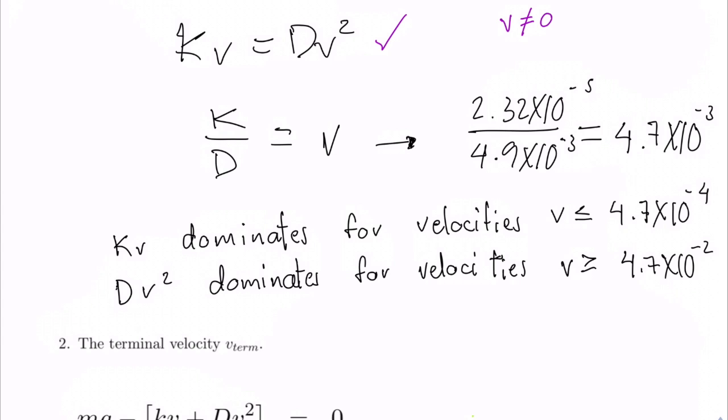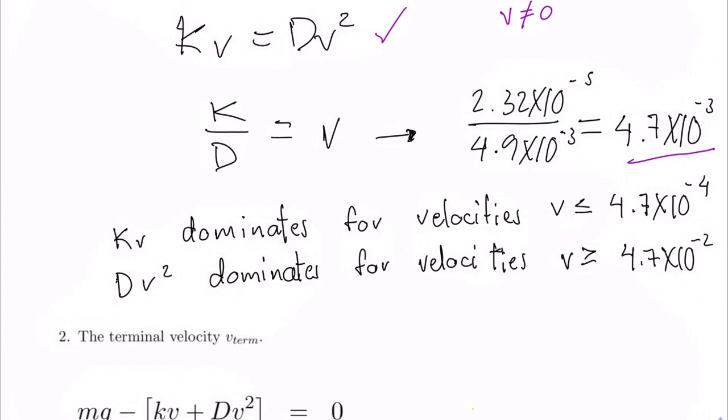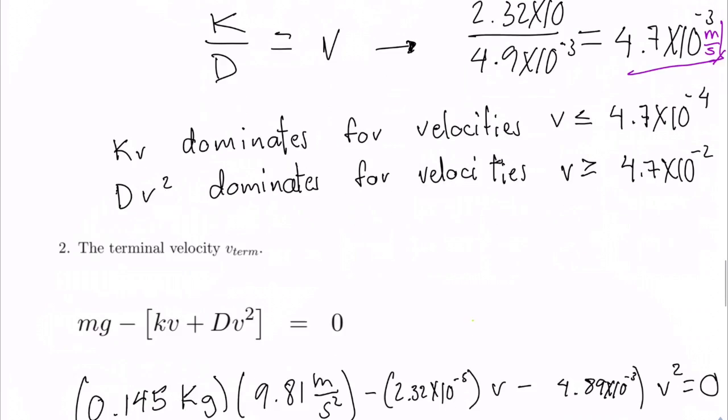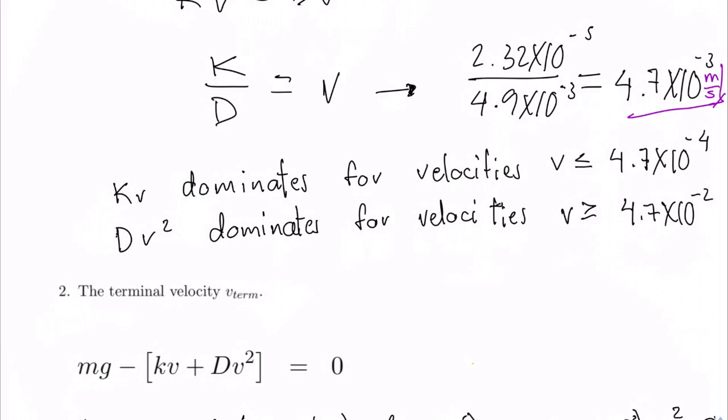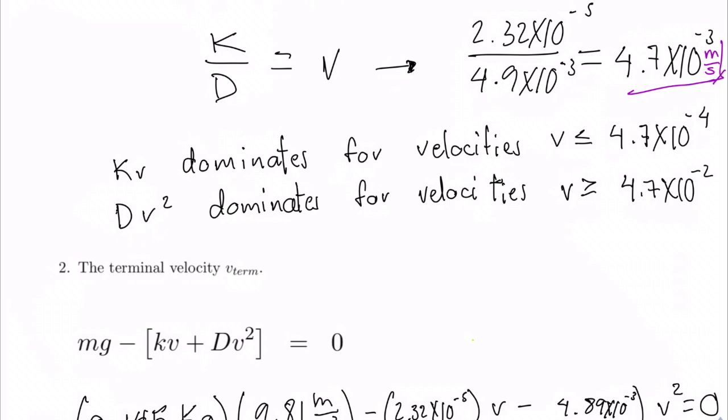So we plug in k and d and we get this, that is our critical velocity. Then we know that kv dominates for velocities that are lower or equal to 4.7 times 10 to the negative 4, and dv squared dominates for velocities that are over or equal to 4.7 times 10 to the negative 2.